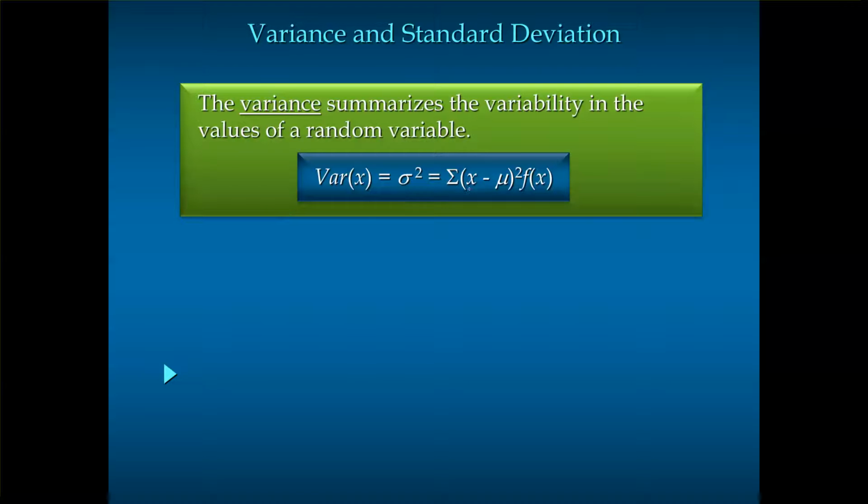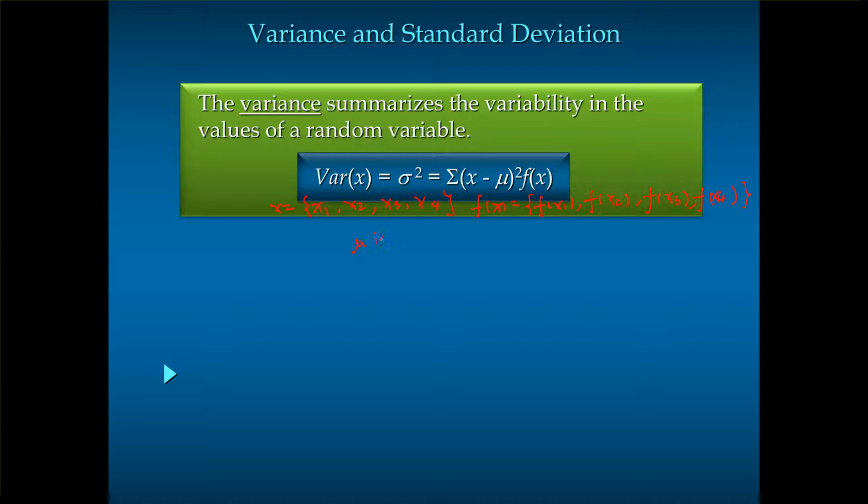Again, let me show you how to get the variance according to this formula, still using the old example. The possible values for x are x1, x2, x3, and x4, and the probabilities corresponding to each possible outcome are f(x1), f(x2), f(x3), and f(x4). We calculated mu before.